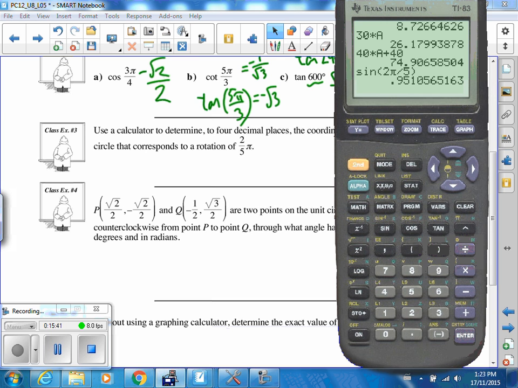That's my y coordinate. Gotta give myself some more space here. .9511, and then my x coordinate is going to be the cosine of that. Actually, let's do this. Watch this trick. Second enter to get me back the same thing, and now I just push cosine.